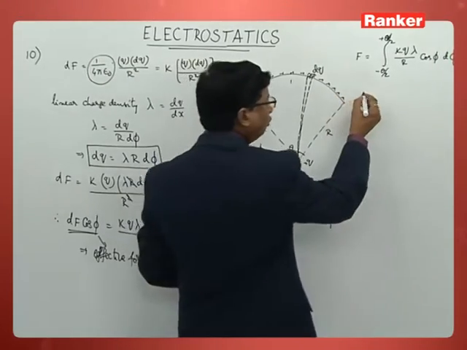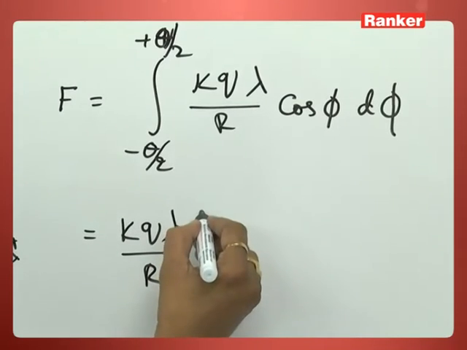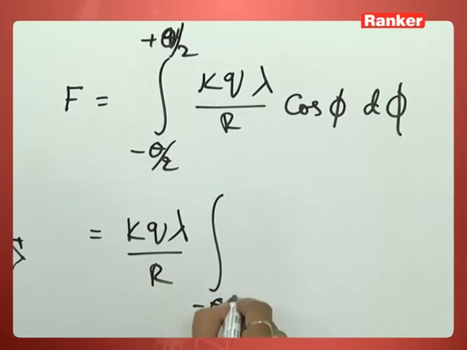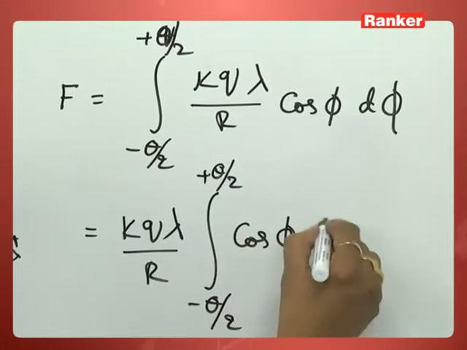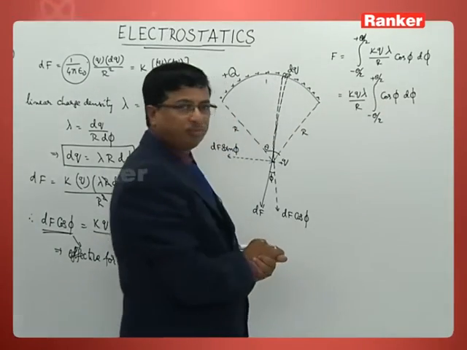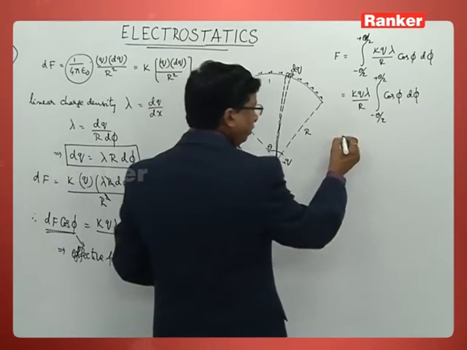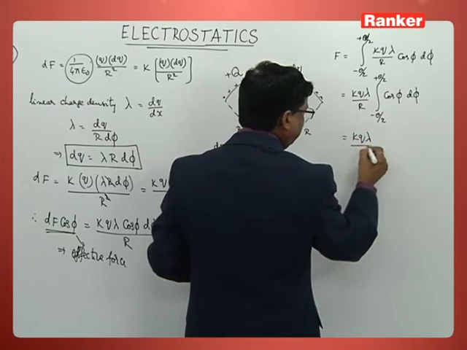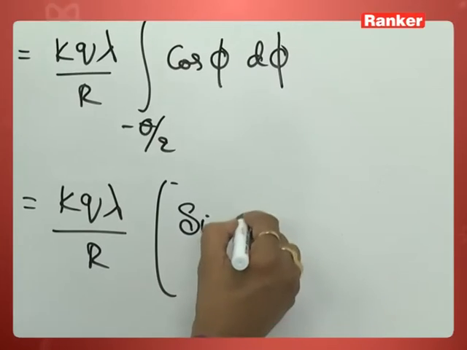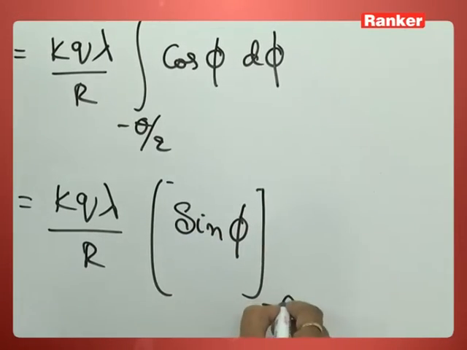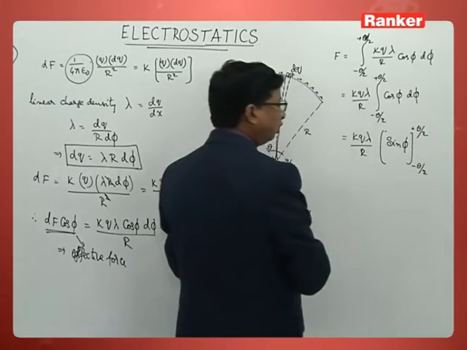Then what are constants over here? You take them out. k q lambda by r. Integral minus theta by 2 to plus theta by 2 cos phi d phi. You can now understand carefully that this becomes k q lambda by r into sin phi between the limits theta by 2 with negative sign to theta by 2 with positive sign.